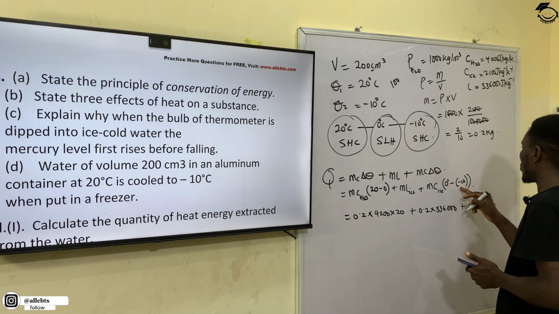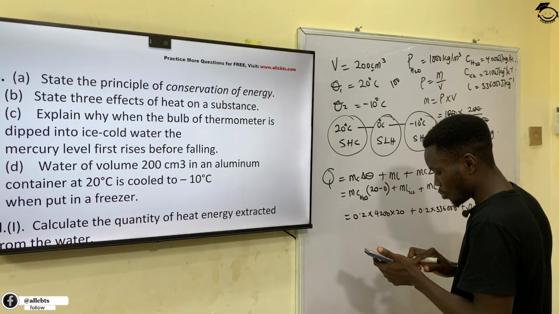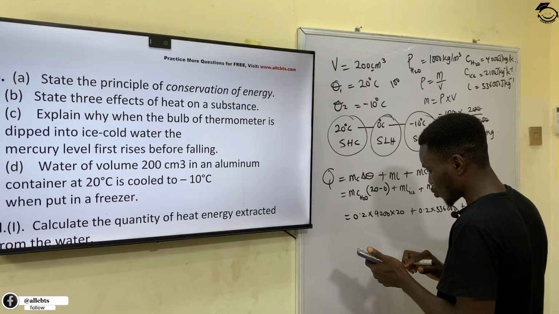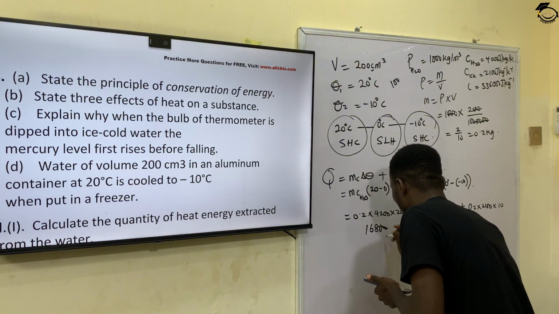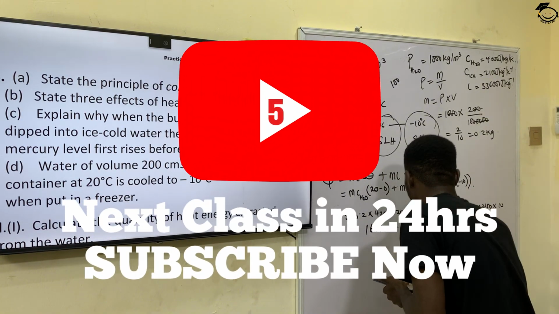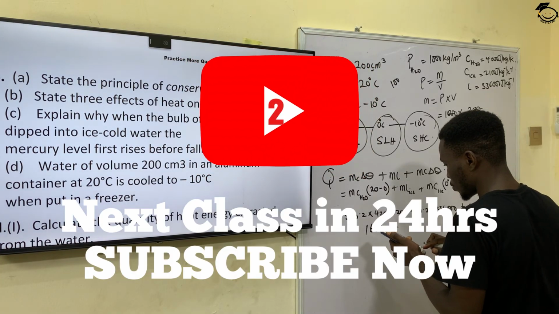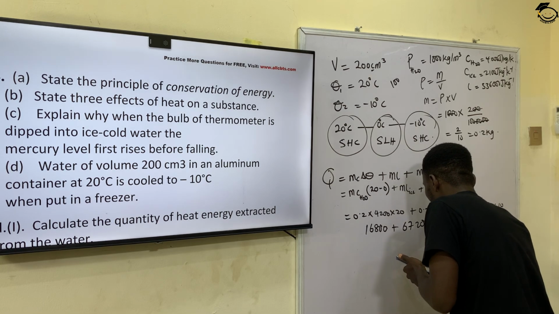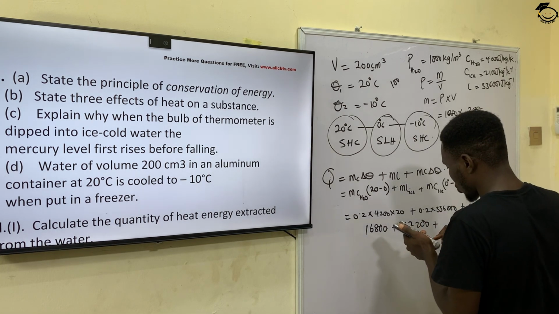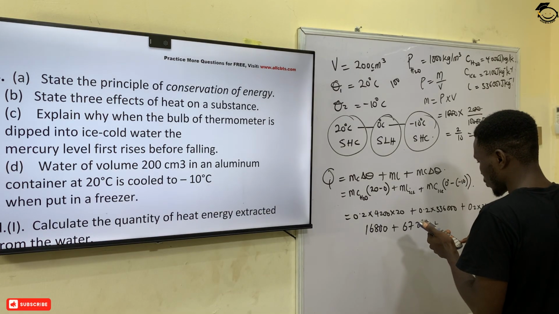So if I open this bracket, this means that I have 0.2 times 4,200 times 20. That will give me 16,800 plus 0.2 times 336,000. That will give me 67,200 plus 0.2 times 2,100 times 10.